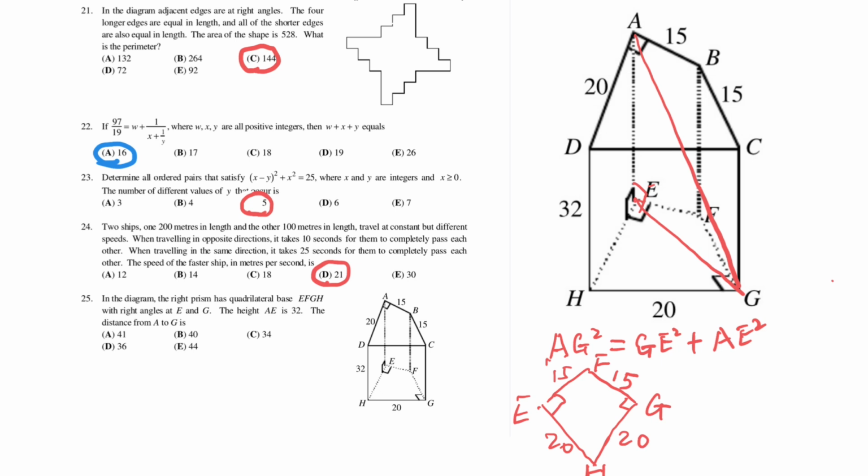Now we can see that EFGH is a kite. In a kite, the two diagonals are perpendicular.